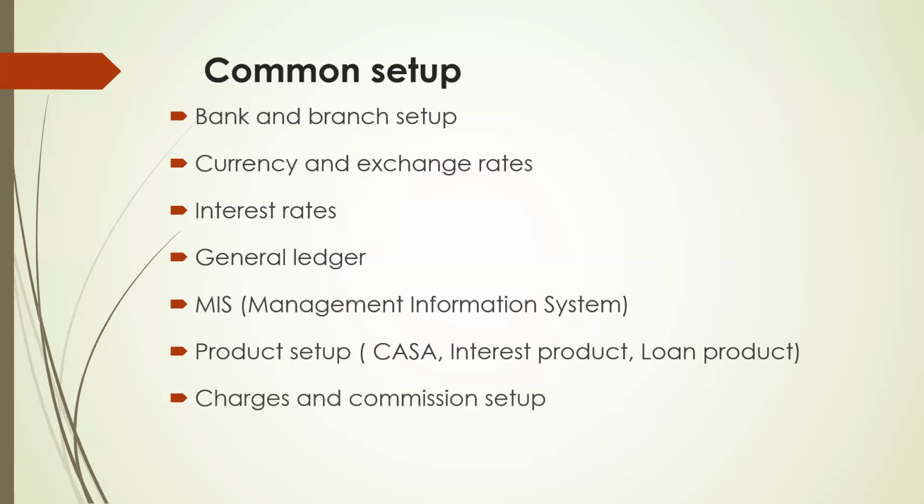And then next is the charges and commission setup. As I told you in the beginning, banks earn income through charges and commission. Charges mean whenever a customer goes to the branch for any deposit or withdrawal, they can charge the customer as per the central bank regulation. Like if a customer comes to the branch more than 5 times in a month, then I will charge some amount.